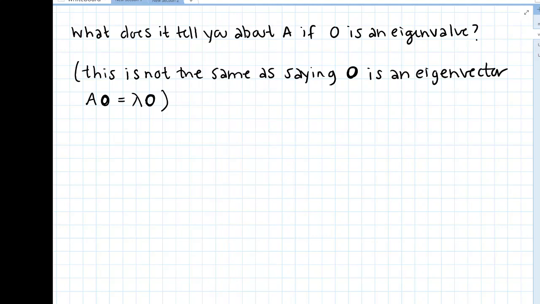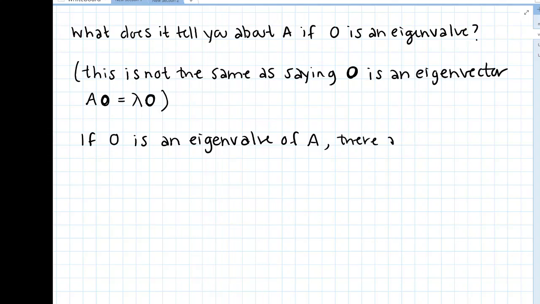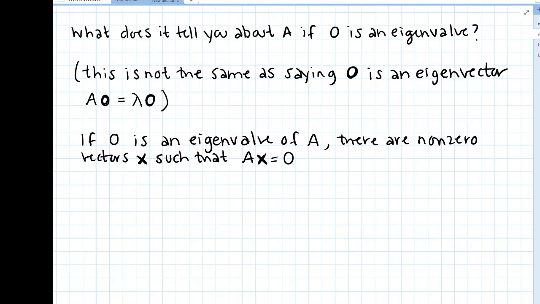If 0 is an eigenvalue of A, that means that there are non-zero vectors x such that A times x is equal to 0 times x.